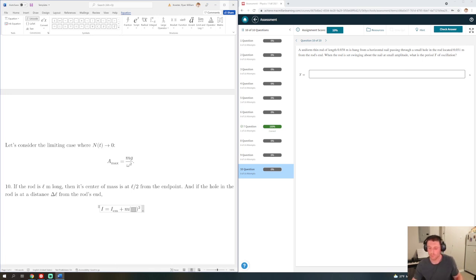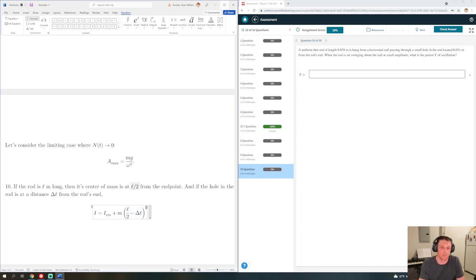So what it's going to end up being is this instead, right? Like I said, I would strongly encourage you to make a quick sketch and convince yourself that this is what your implementation of the parallel axis theorem ends up looking like.